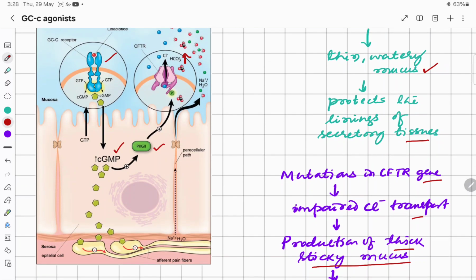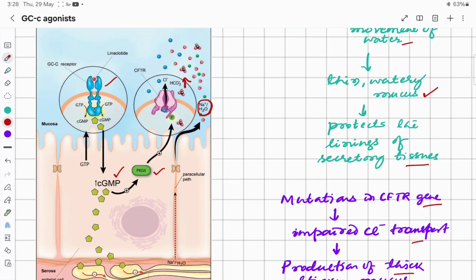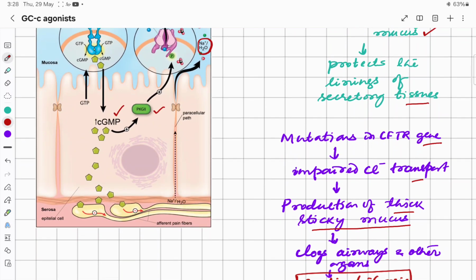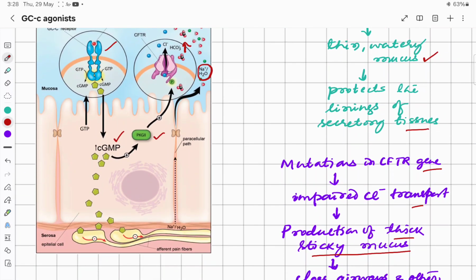This also facilitates the paracellular secretion of sodium and water, and in this way there will be induction of osmosis, and an isosmotic equivalent of water flows into the lumen, so the water content in the lumen increases.